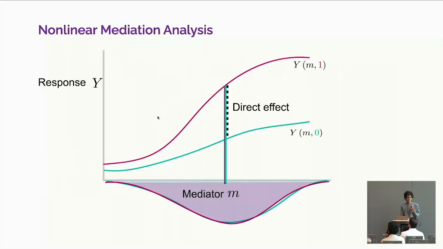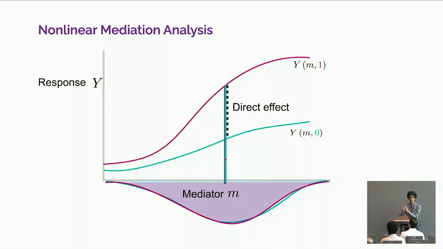So this is how I think of nonlinear mediation analysis in a picture. The X-axis is the mediator. The Y-axis is the response. Think of red as the value of the outcome when you're treated. Y is the value of the outcome under the control. Think of these as all counterfactual values, right?